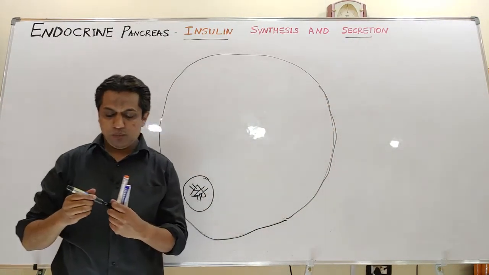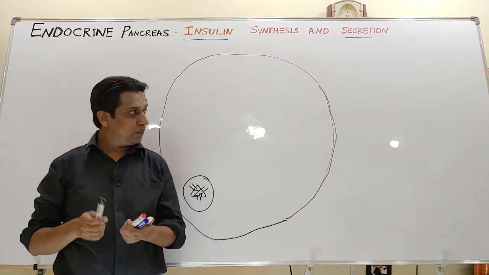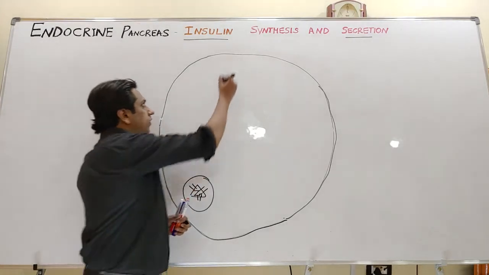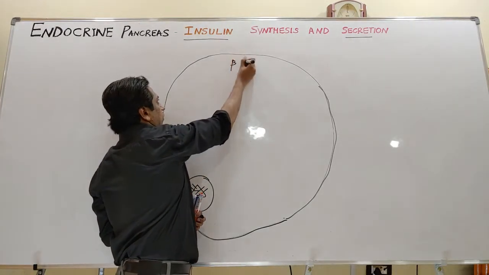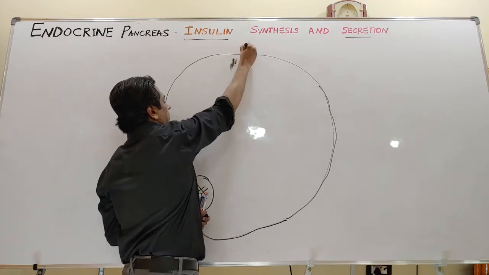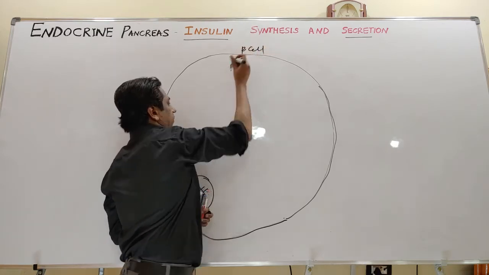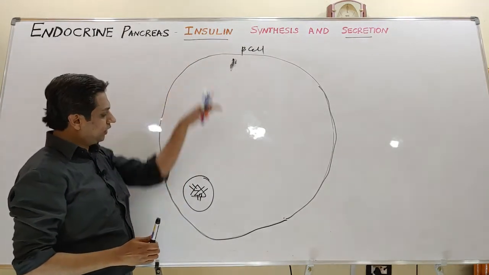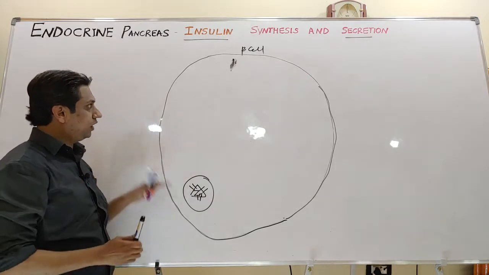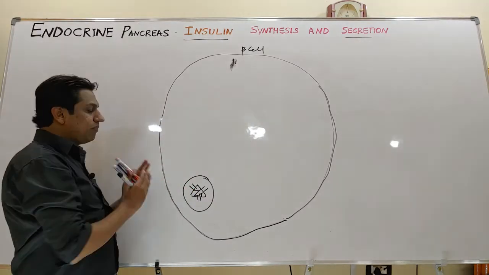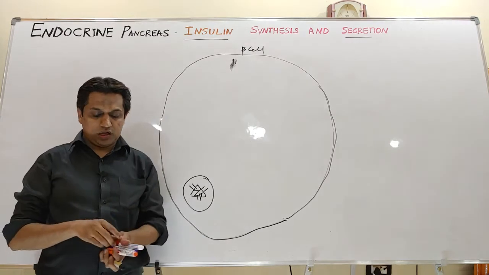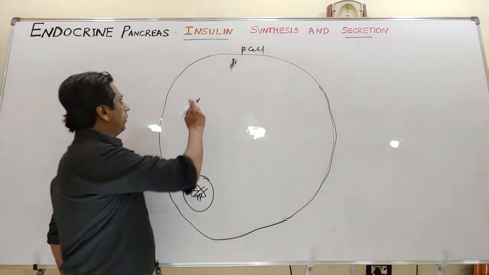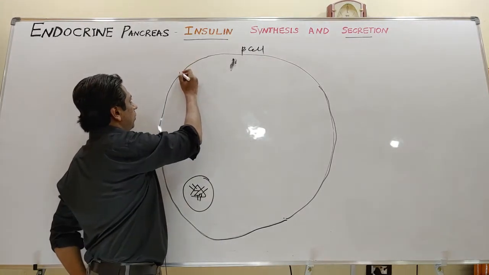One of the most important and potent stimuli for the release of insulin from the beta cell of the islets of Langerhans is glucose. The glucose molecule will stimulate the release of insulin outside the cell, and this insulin comes into the blood circulation. The glucose molecules are sensed by receptors situated on the beta cells.